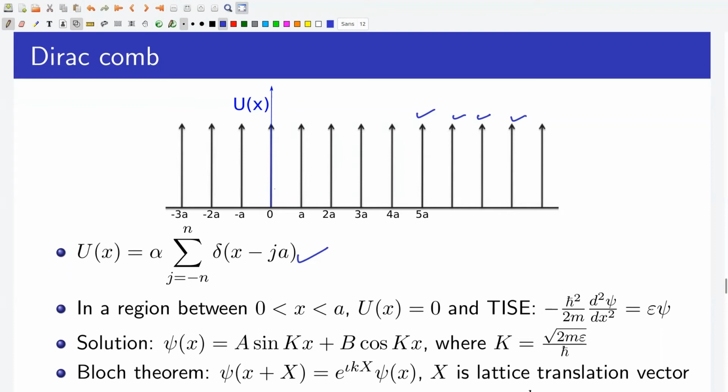In the region between x equal to 0 and x equal to a, the potential is equal to 0 and the time-independent Schrodinger equation is given by this, which can be written as d2 psi dx square is equal to minus k square times psi, where k square is equal to 2mE by h cross square.